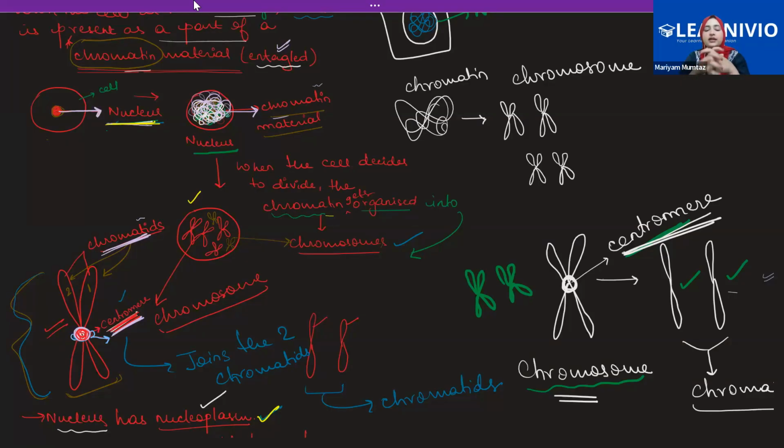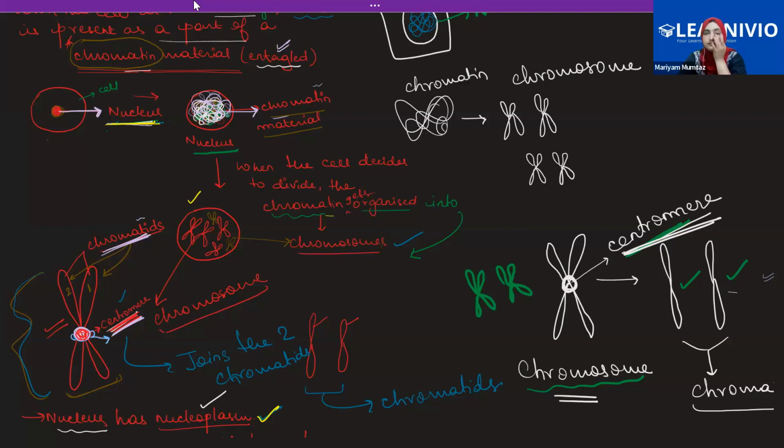Very good. Can you tell me what will happen to the cell if we place it in a hypertonic solution? When you place a cell in a hypertonic solution, the cell will shrink due to exosmosis. Very good. And what will happen to the cell if you put it in a hypotonic solution?